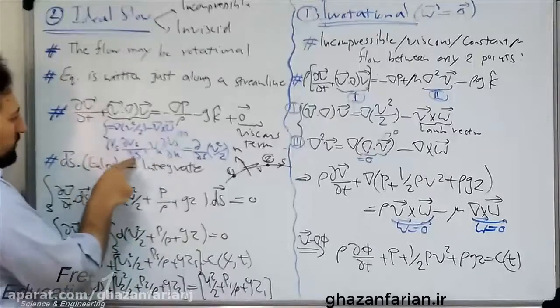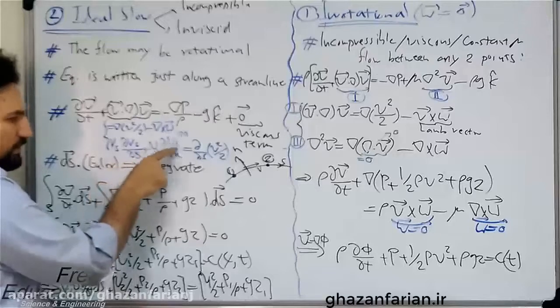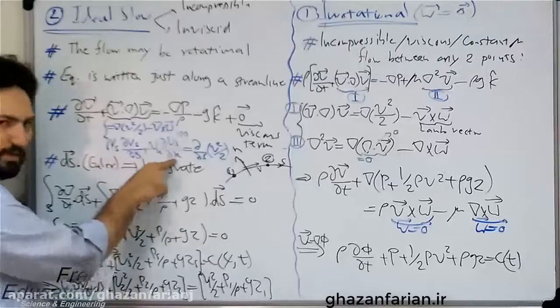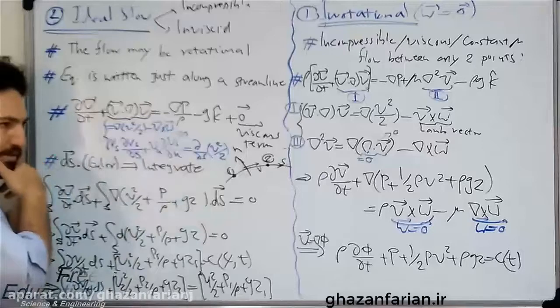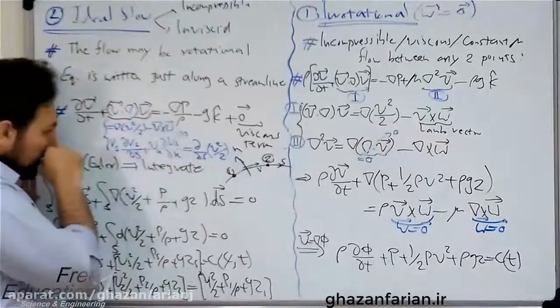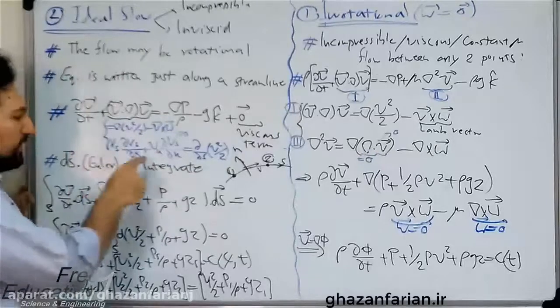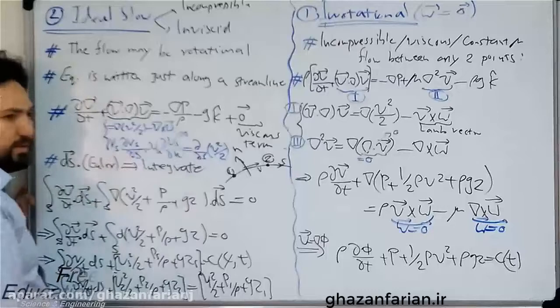Vs partial derivative of Vs with respect to S, Vn partial derivative of Vs with respect to N. You know that velocity is tangent to the streamline, so the velocity component in the normal to streamline direction is 0. So the second term vanishes.